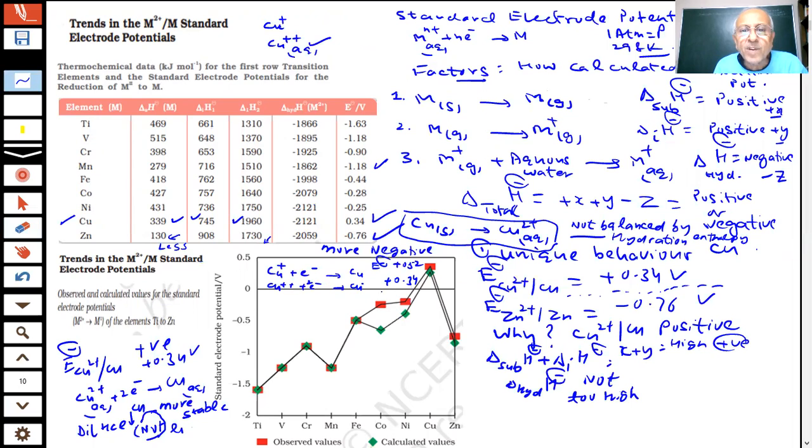Now in this case, students, which value is smaller? 0.34 is less than 0.52.